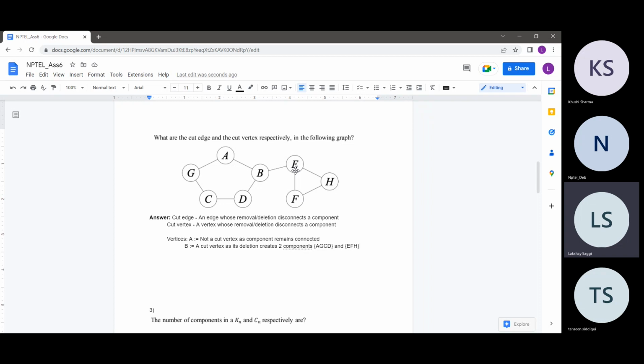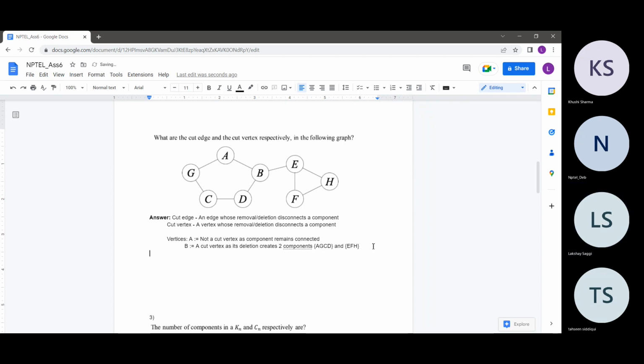On removal of D, these two edges will be removed and the remaining portion is still one single component. On deletion of E though, we can see that the component FH and the component ABCDG are separated, since on deletion of E, these three vertices and these three edges will be cut out. So these two components will be separated out.